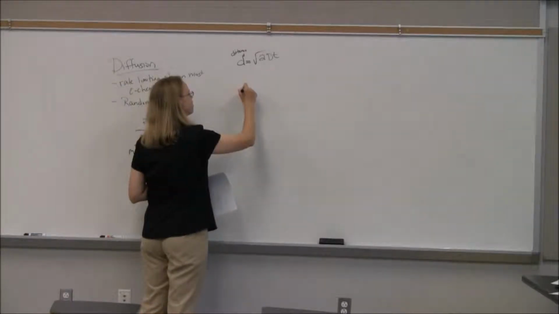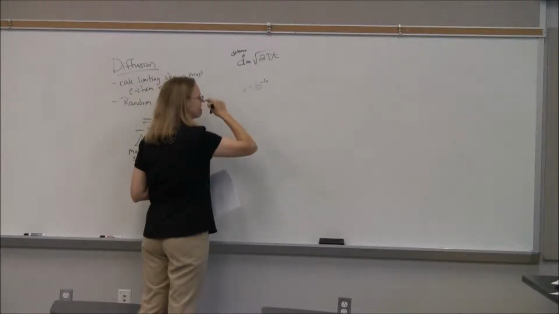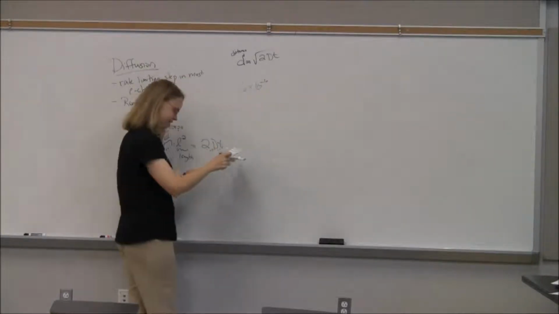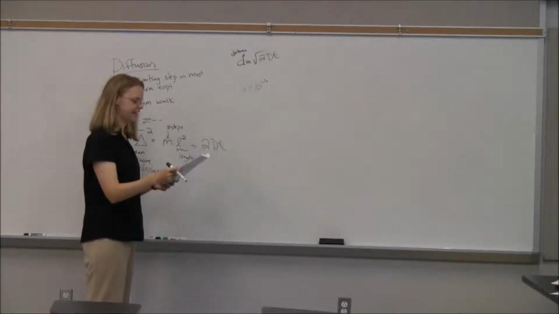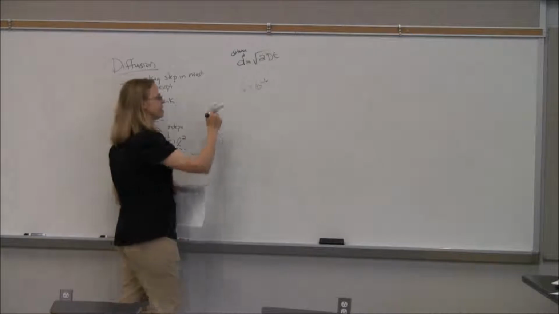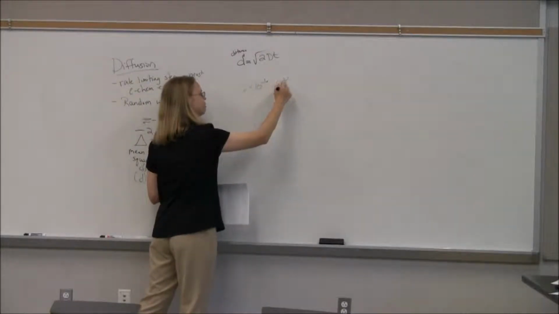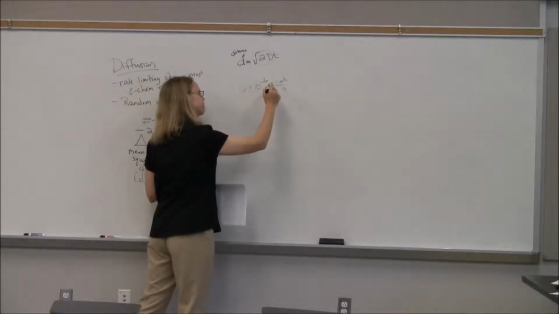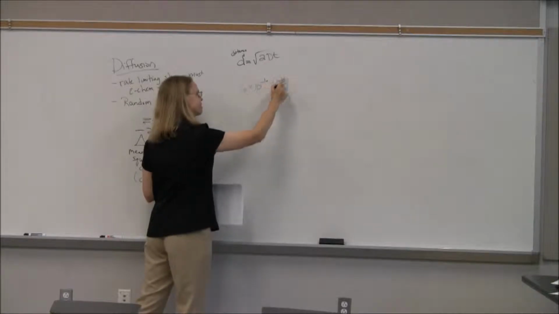The diffusion coefficient of dopamine in a beaker is 6 times 10 to the minus 6. Now I'm going to get the units right. It's always in centimeters.